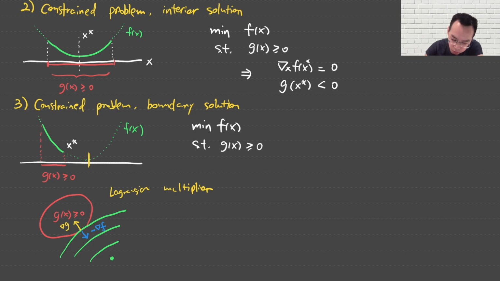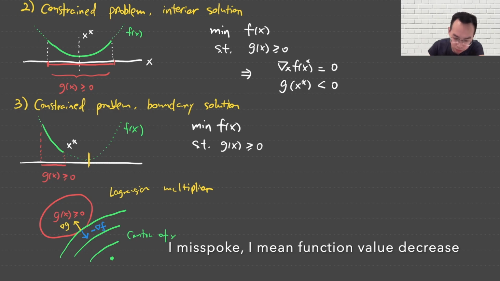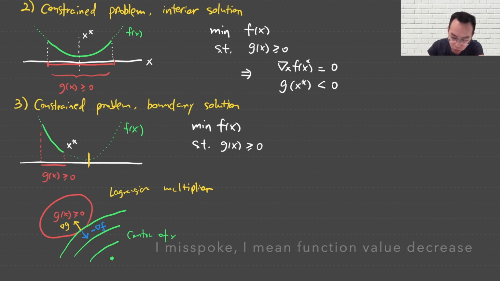So this is a contour of f of x, right? See that I'm drawing the negative gradient vector in this direction. So what it means is that if we travel along this direction here, the function value increases. And I can say that this point here is the global optimum. So that's going to be f of x star global.